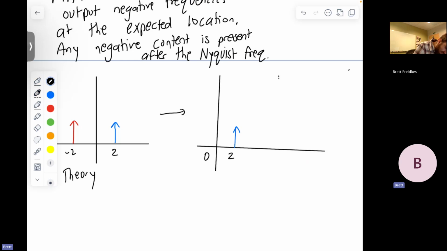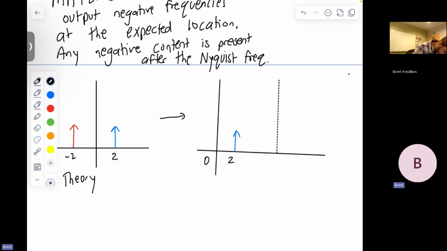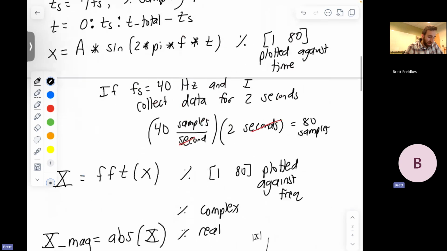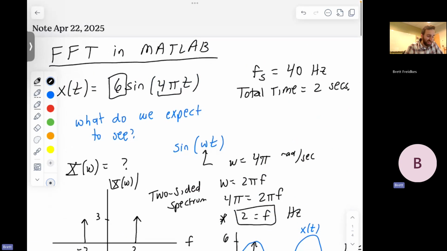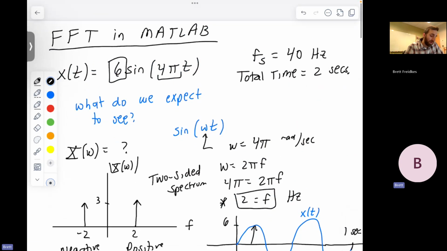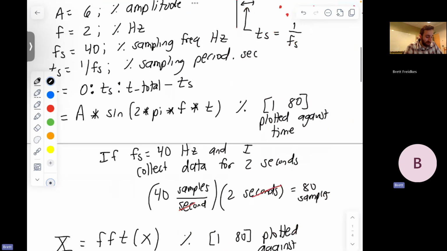But now, instead of having symmetry about the y-axis, we have symmetry about the Nyquist frequency. So this is Fn. For this problem, I said negative 40 to 40, it'll be negative 20 to 20, sorry. Our sampling frequency was 40 hertz.